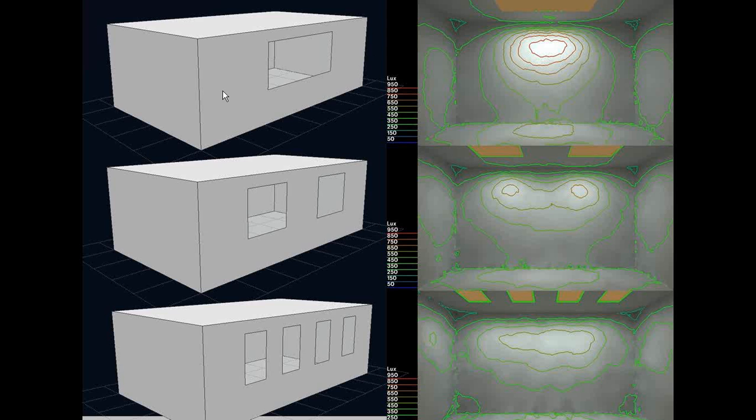There is a single window on the top, then 2 windows, and the last option is 3 windows. Thermally, all the 3 options are the same. The total area of the window is the same. We have only distributed it, but in terms of daylighting, on the right side, these are the plan views. You can see for the top portion there is a glare portion coming out. There is a lot of light coming directly in the center of the room, whereas in the bottom portion, the light is very much uniformly distributed.